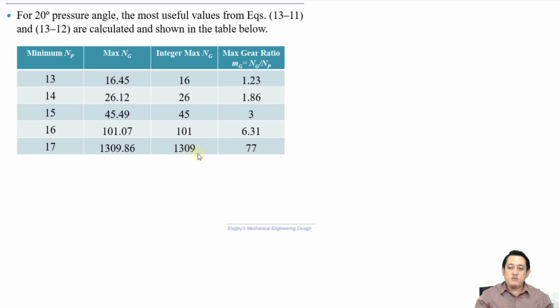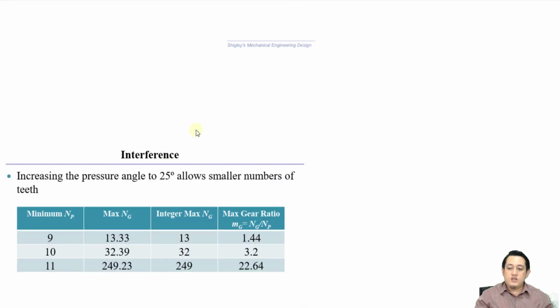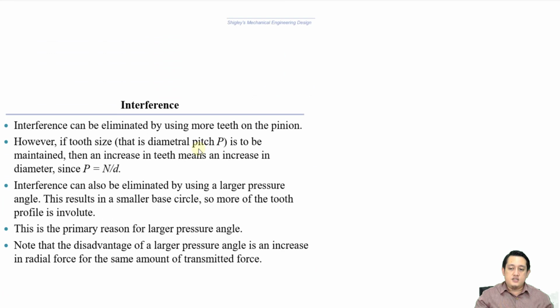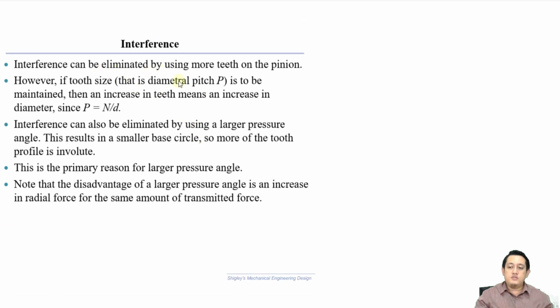Compared to 20 here, the maximum number is this one, and compared to this one here, this is the maximum number. This interference can be eliminated by using more teeth on the pinion.